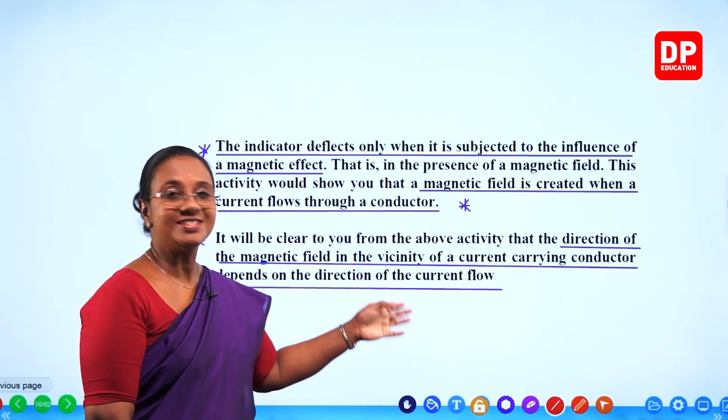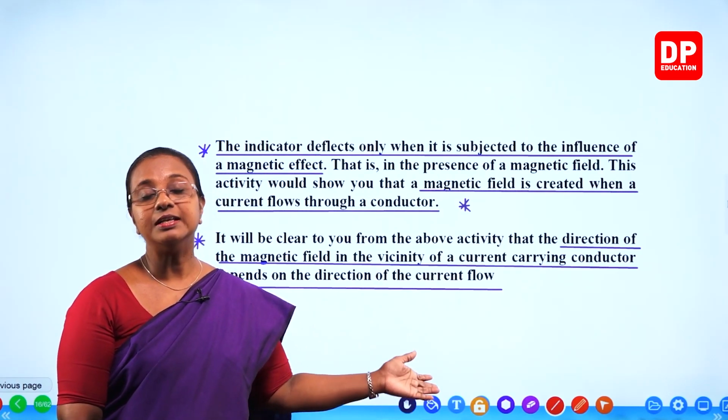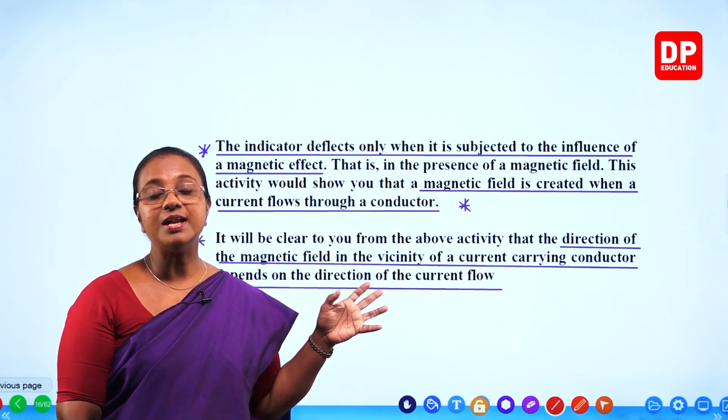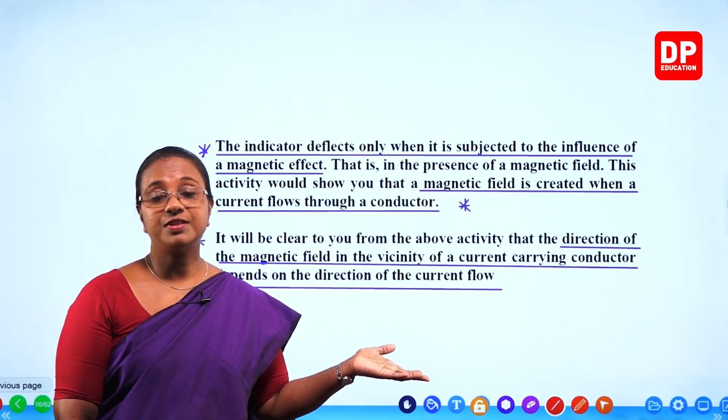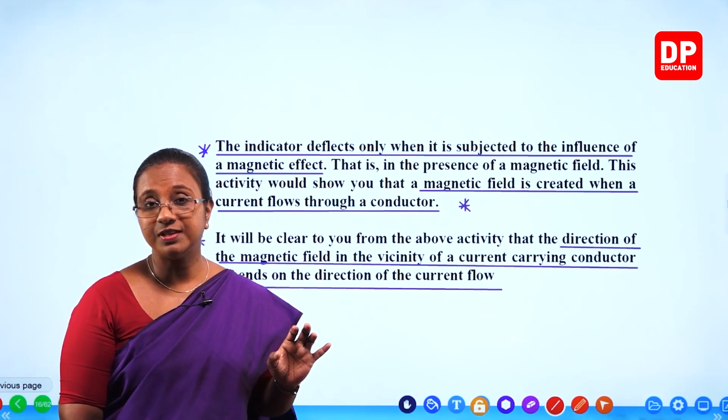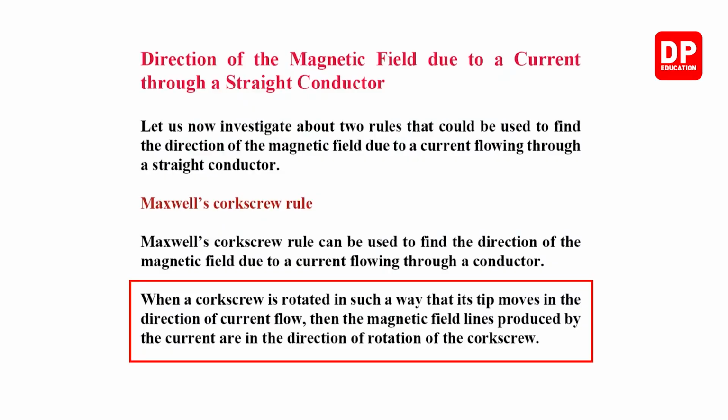So with that, students, I am going to move on to the next slide where we try to understand the relationship of the direction of the current flow and the direction of the magnetic field. Direction of the magnetic field due to a current through a straight conductor. To understand this, there are two methods or two rules that we can use.